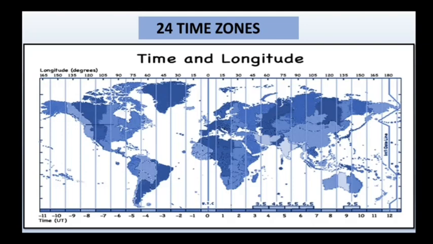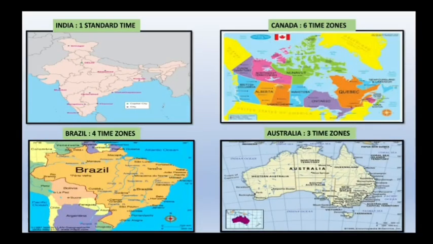So, in such countries, more than one standard time is considered. For example, Canada has 6 time zones. Brazil has 4 time zones. Australia has 3 time zones. But India has only one standard time.